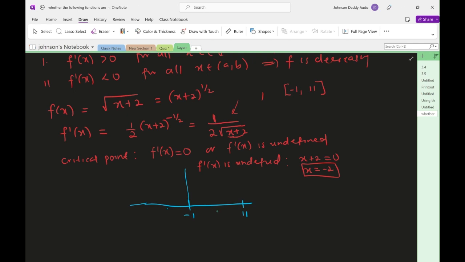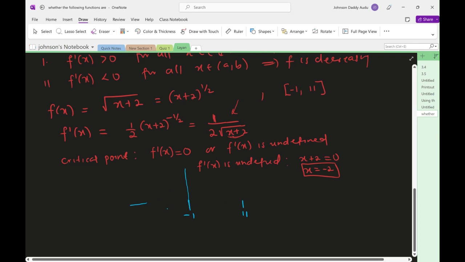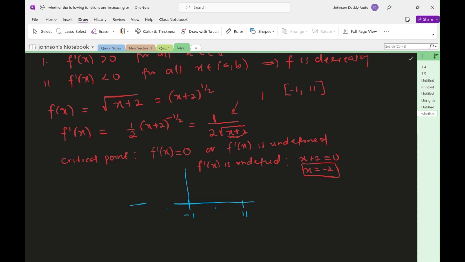All I need to do is take any number between -1 and 11 and plug it into f prime of x. For example, take x to be 0.